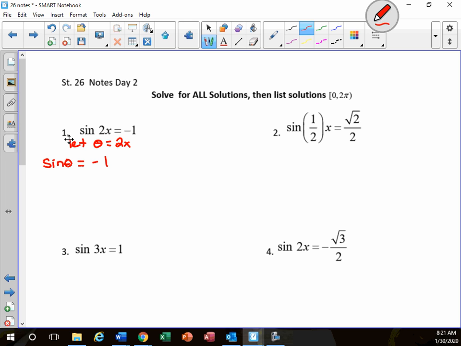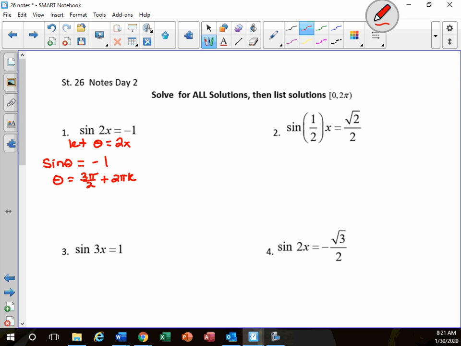Do we know where sine equals -1? Where does that happen? 3 pi over 2. Okay, and if I was saying all solutions, I'd say 3 pi over 2 plus 2 pi k. Remember that? Okay.